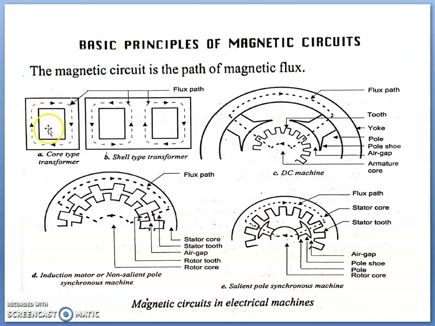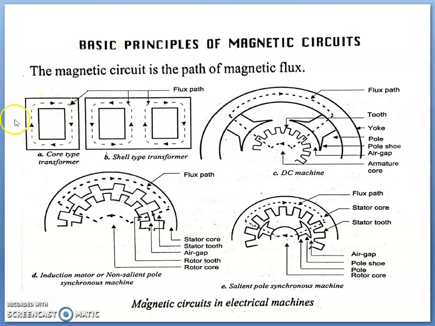Actually here two paths are there. One is the iron path and another one is the air path. But air has lesser permeability, or in other terms, air has high reluctance and the core has lesser reluctance. Reluctance is the property of the magnetic circuit which offers opposition to the flow of magnetic flux. So if reluctance is more, then the flux will not take a path through that particular medium.